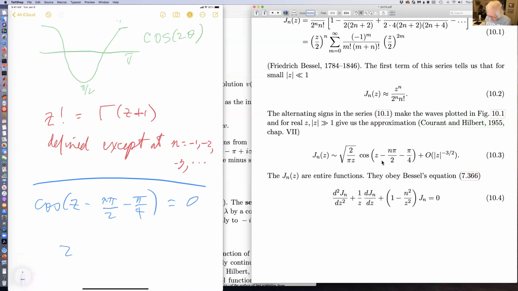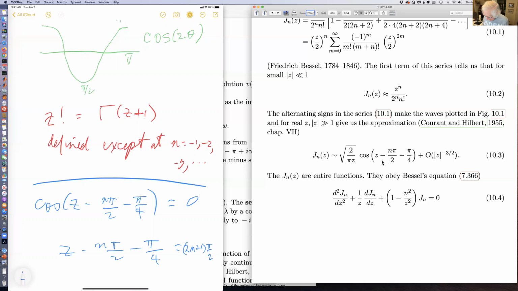So that means that z minus n pi over 2 minus pi over 4 should be what? Well, this is a multiple of pi over 2, but it has to be the right multiple. It's an odd multiple of pi over 2. So it's 2n plus 1 times pi over 2.